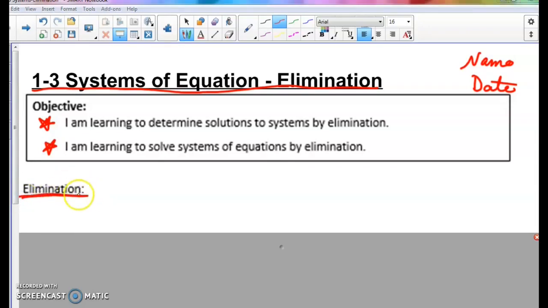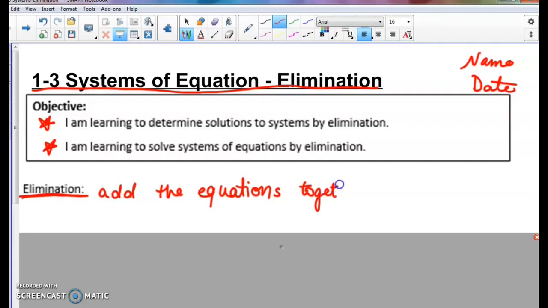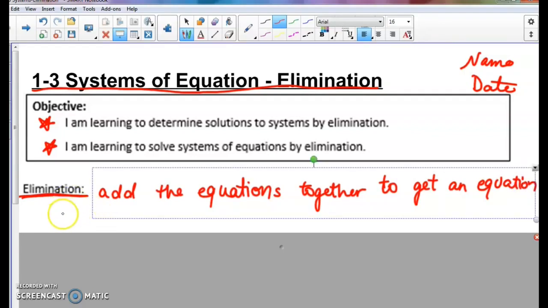For our elimination method, we're going to add the equations together to get an equation with only one variable.